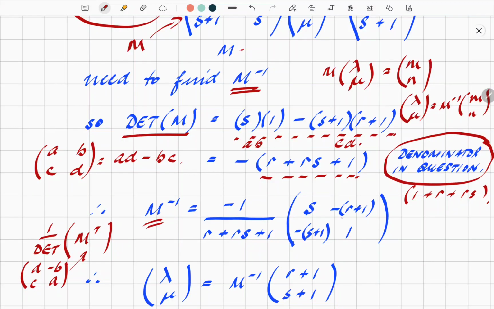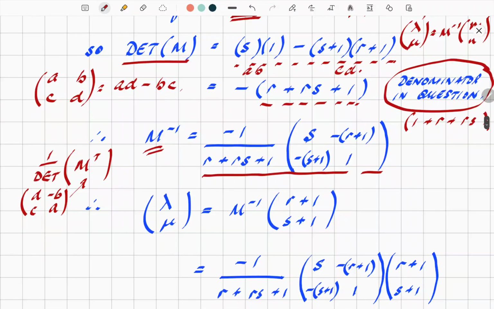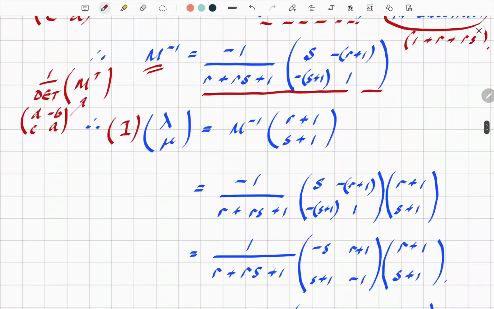So this is my inverse matrix. If I now multiply both sides with the inverse matrix, I get the identity matrix on the left-hand side, and I will get lambda mu equals inverse of M times the original two solutions. So I'm going to actually work through that.